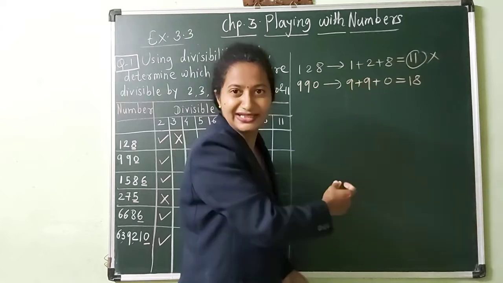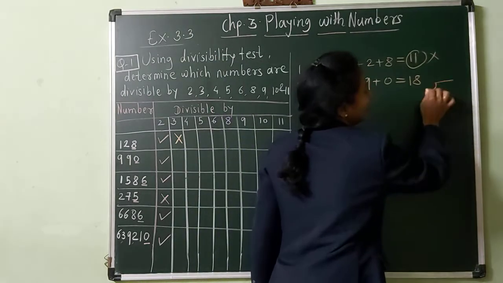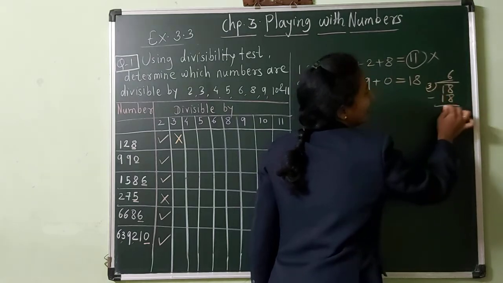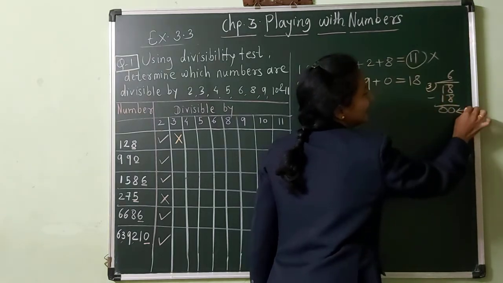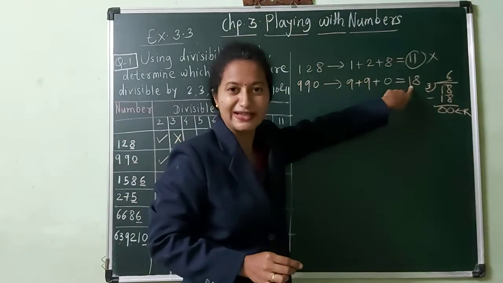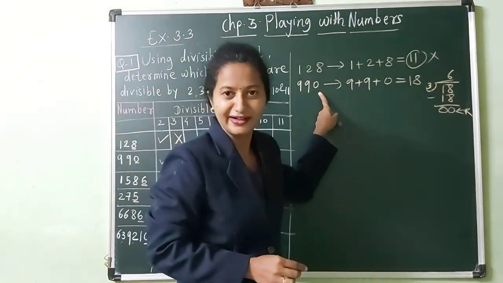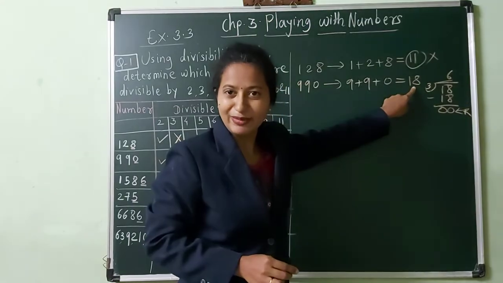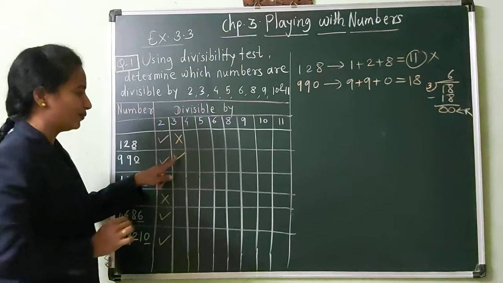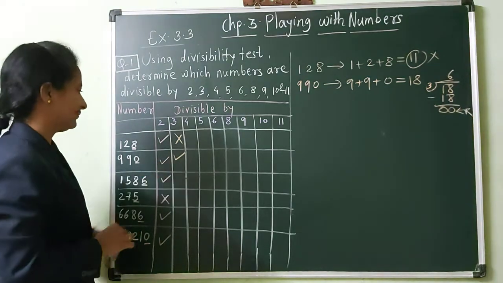Yes. 3 sixes are 18. If you want to check, you can do the division like this: 3 sixes are 18, and of course here you get remainder 0. That means the sum of all digits present in 990 is divisible by 3. So that's why this number is divisible by 3. So put the correct mark because it is divisible by 3.